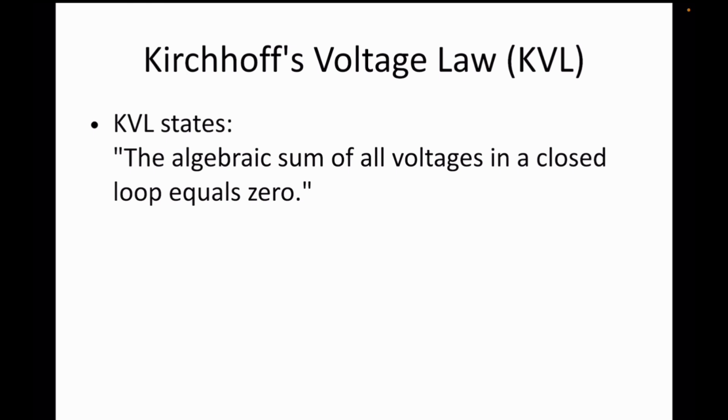Mathematically we can write it as ΔV is equal to zero, around a loop or around a mesh. A mesh is the smallest possible loop in an electrical circuit. So around a mesh or around a loop, the algebraic sum of all the voltages is equal to zero.